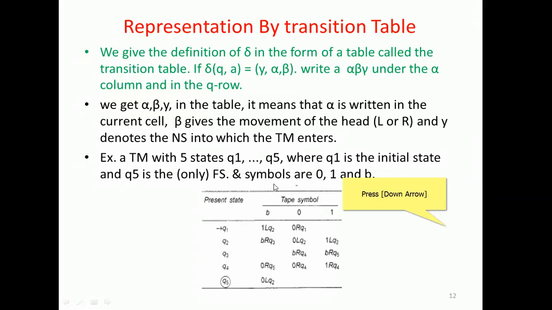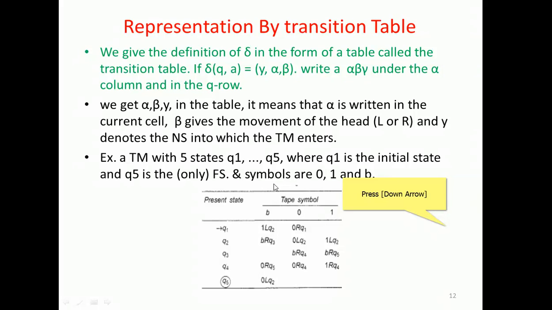In this case 0 will be replaced by 0, and it moves towards the right side, with next state Q1. And when you are in Q2, blank will be considered, it moves towards the right side, and Q3 will be the next state.